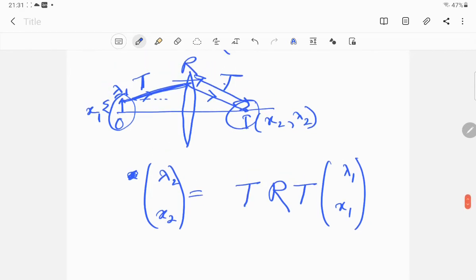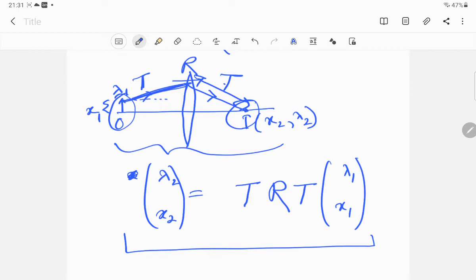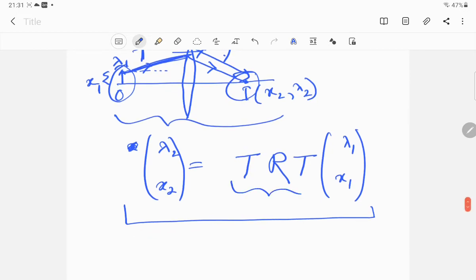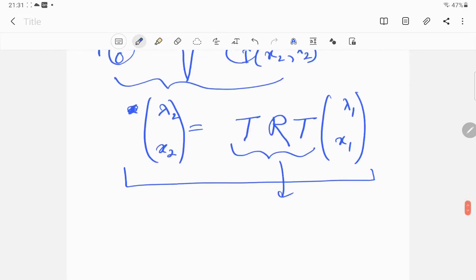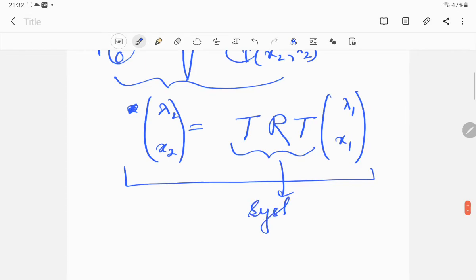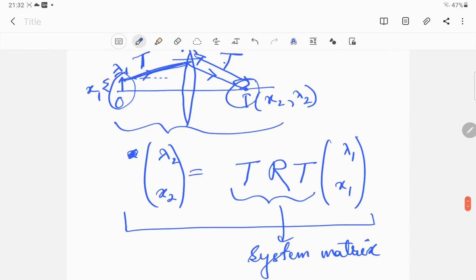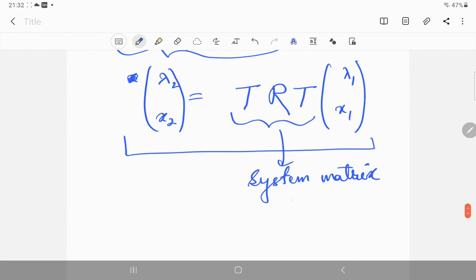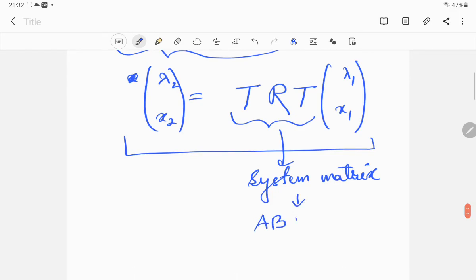So this whole ray diagram is represented by one matrix. This is called the system matrix, and depending upon the optical system the matrix will be different. The system matrix is sometimes also called the ABCD matrix.